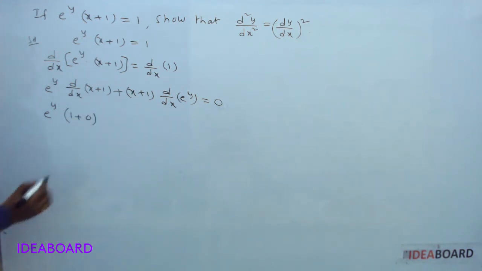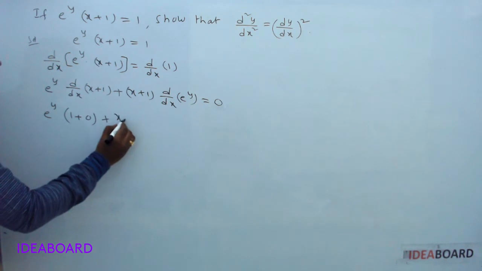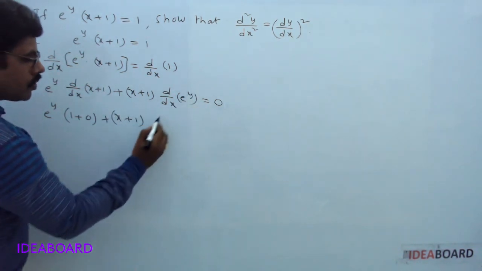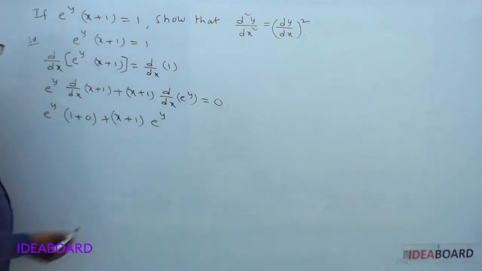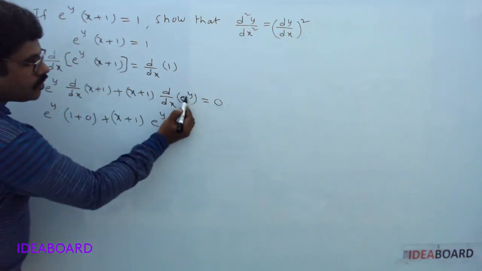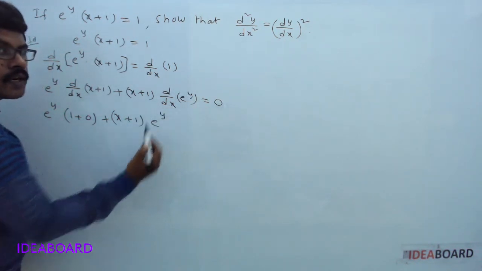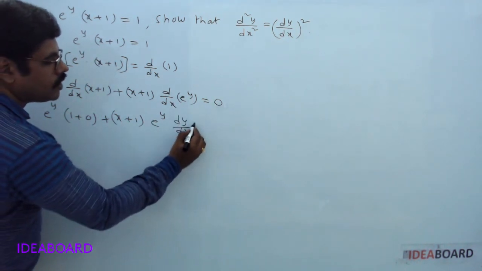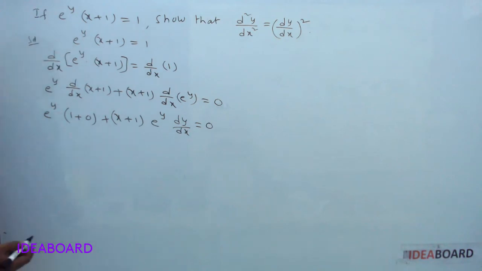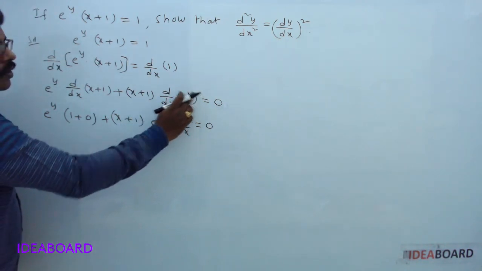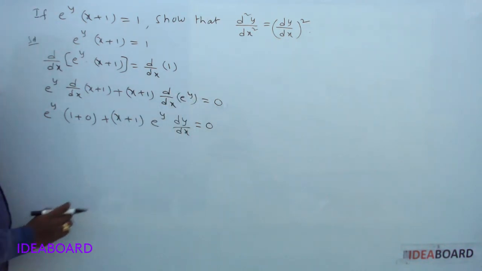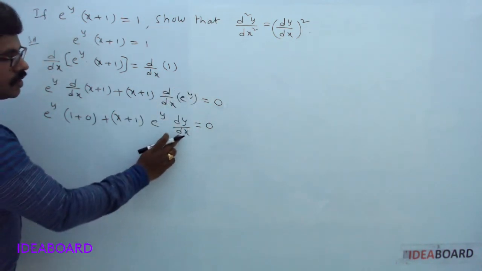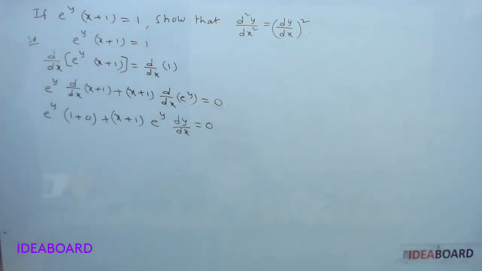So it is 1 plus 0, plus (x + 1) into the derivative of e^y, which is e^y into the derivative of y with respect to x, that is dy/dx, equal to 0.